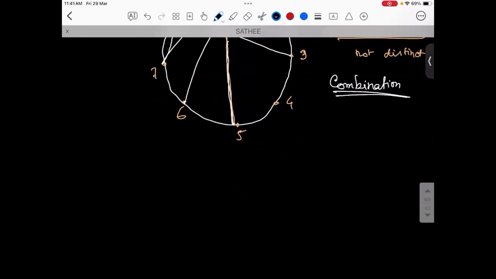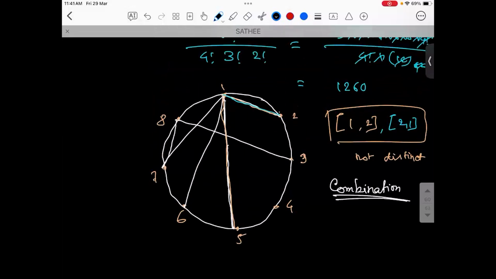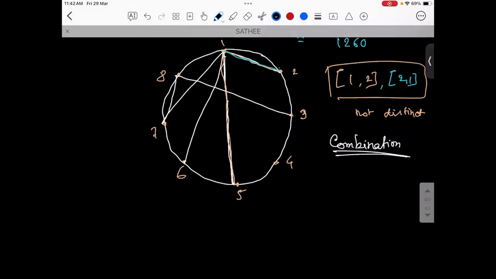Now we will see how we can get the number of combinations for some cases. Let us understand from here. We have only 8 points and we are choosing 2 points at a time and drawing a line. How many possible lines can I have by using permutation?